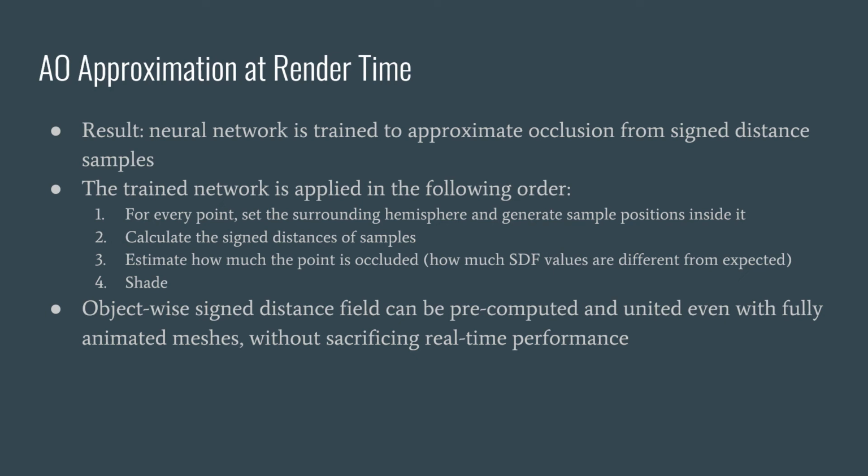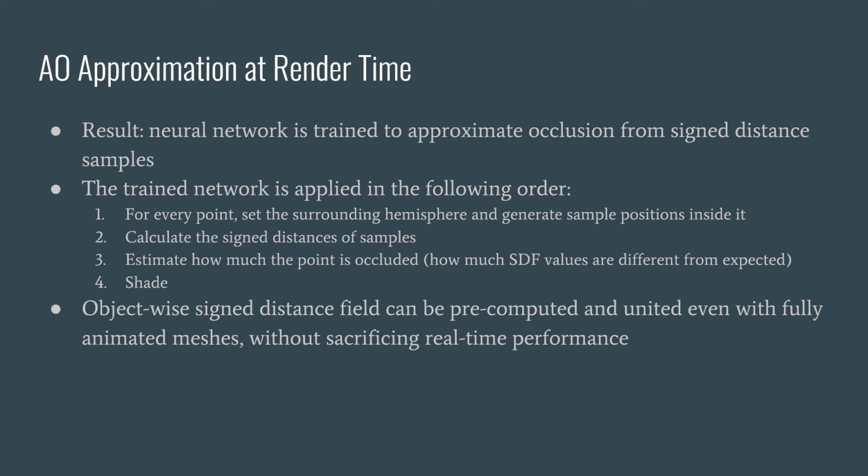The training is done on many different scenes to acquire the accuracy of the model. After learning is over, the network is applied in the following order. For every point on the surface, set the surrounding hemisphere and generate sample positions uniformly inside it. Then generate the SDF values of the samples and see how big the gap is between the expected and actual SDF values.